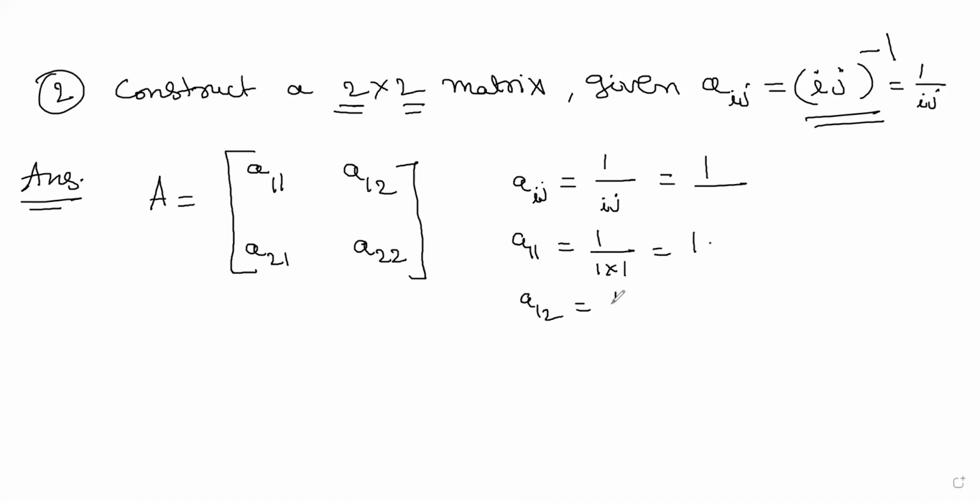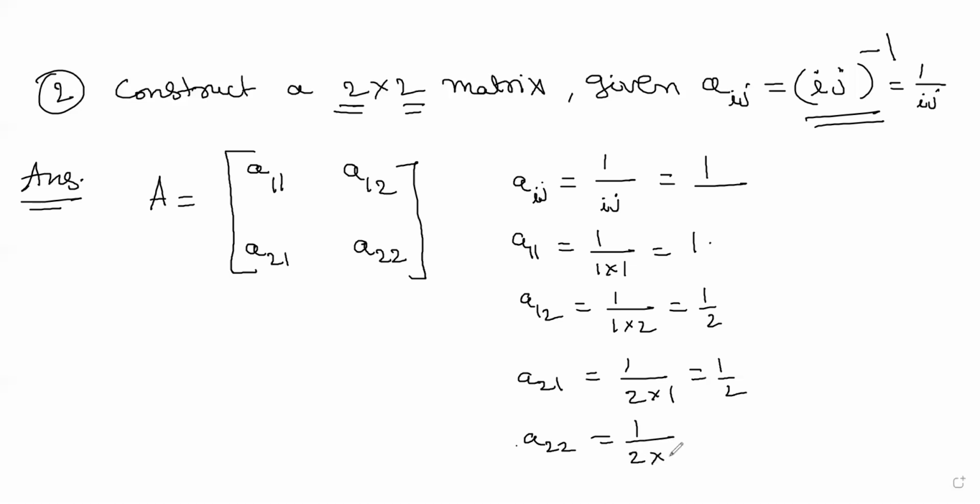A12, that is 1 by 1 into 2. That is half. Right? A21, that is 1 by 2 into 1. That is half. A22, that is 1 by 2 into 2. That is 1 by 4. You can write it in decimals. This is 0.5.